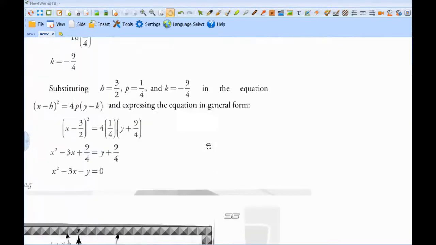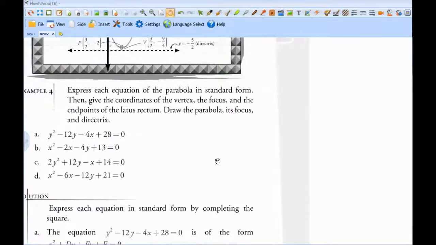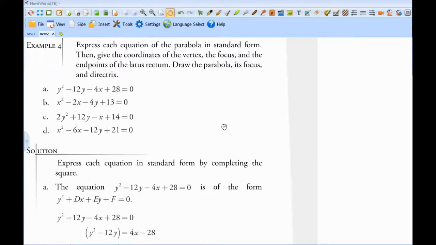So let us try these equations. Let's go back here. Now, what if you are going to express each equation of the parabola in standard form? Let's try number 1. So let us reverse this, what we got on the first, right? Let us reverse this by completing the square.